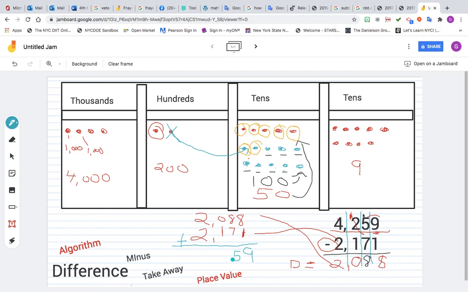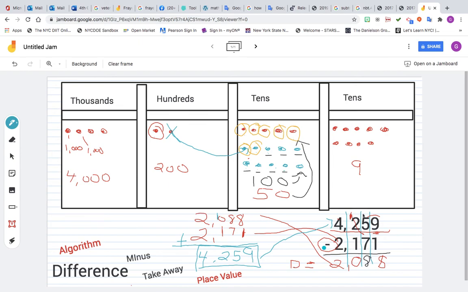We're going to regroup and add to the hundreds place. 1 plus 1 gives you 2. 2 plus 2 gives you 4. So 4,259 is a direct match to our original multi-digit number.